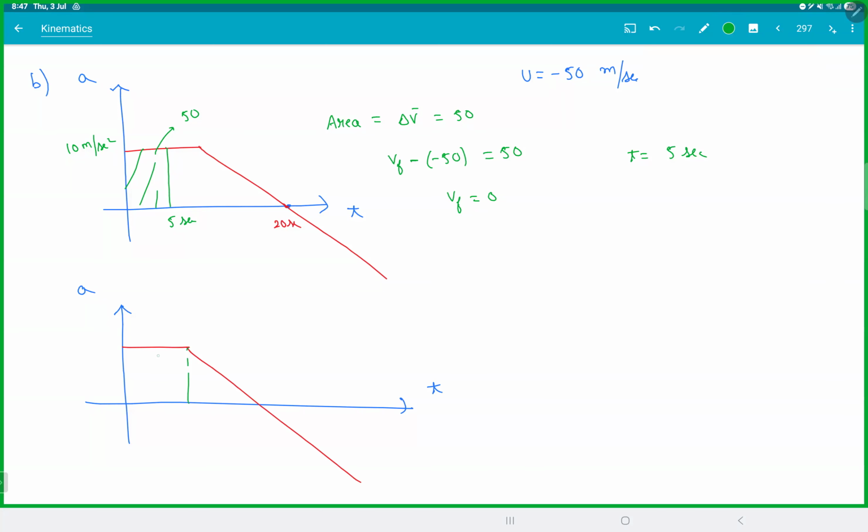This area is 100. This area is 50. We have done this last time, the velocity thing. This was 20 seconds. This was t. So this distance will be t minus 20. This is 45. So this is also t minus 20. So this area will be half into t minus 20 square.